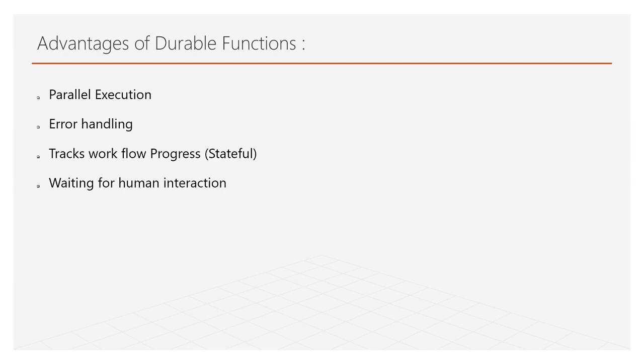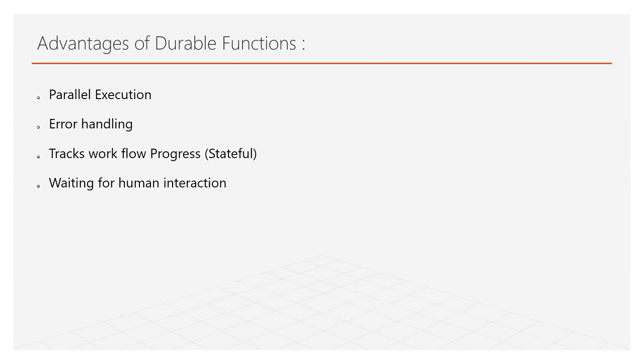The second part is that we will handle our errors and exceptions in our durable functions globally. Why do we need this? Suppose I am interacting with multiple Azure functions, calling function 1, then function 2, then function 3. What if some error occurred in function 3 and we have some dependency in function 1 as well?